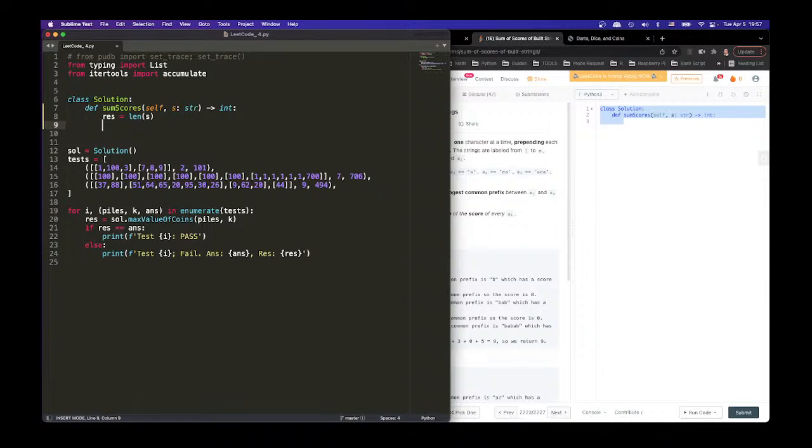If it is the same, then we try to see how long the current match is.